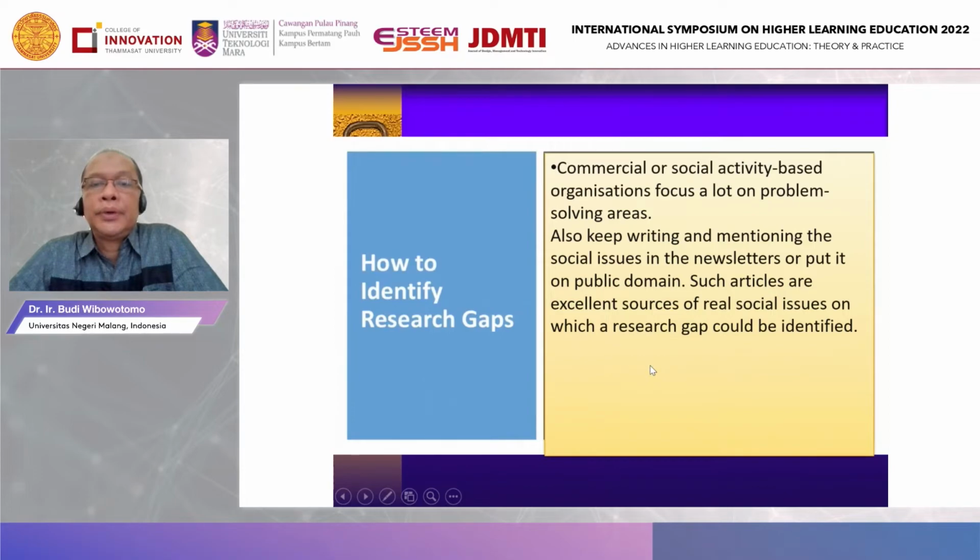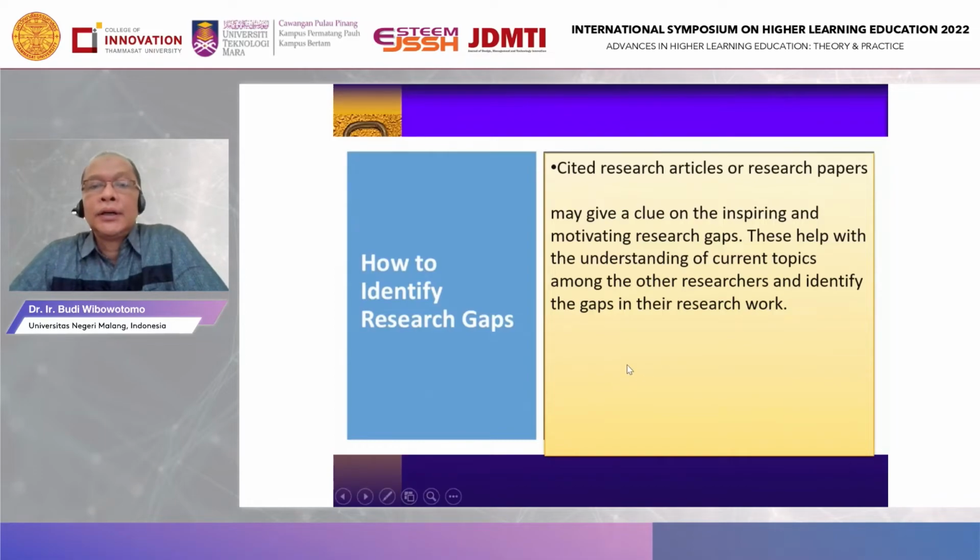Some of them produce many writing resources that we can read for free, and some of them maybe contain important resources that we can extract or summarize as the research gap, because social activity may contain more real social issues. So this could also be identified as a research gap.